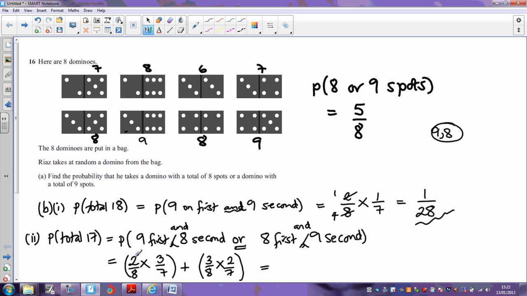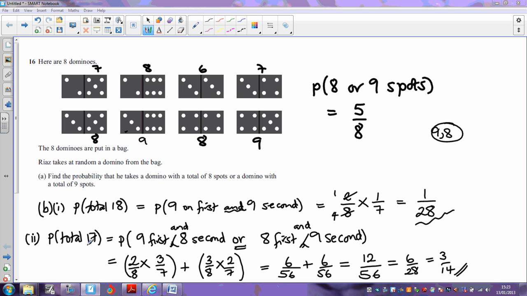Now if I work those out, I've got 2 times 3 is 6 out of 8 times 7 is 56, plus another 6 56ths. To add the two fractions together, 6 and 6 is 12, don't add the bottoms, comes out as 12 56ths. Now I can divide by 2 to get 6 28ths, I can divide again to get 3 14ths. So the probability of getting a total score of 17 is 3/14.